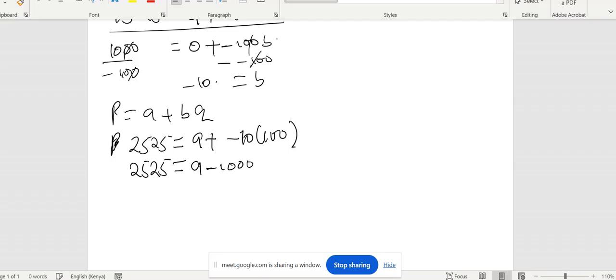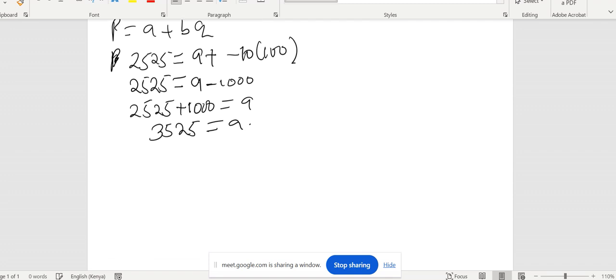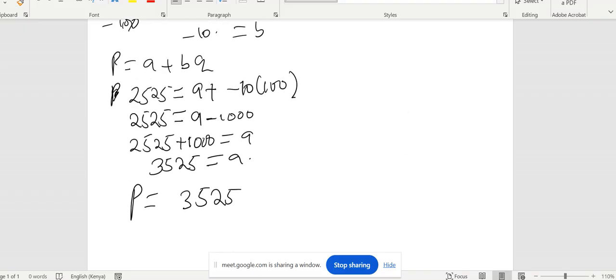So 25 plus 1,000 equals A. A is 35, 25. 35, 25 is equal to A. Then our equation will be P is equal to 35, 25, minus 10Q.